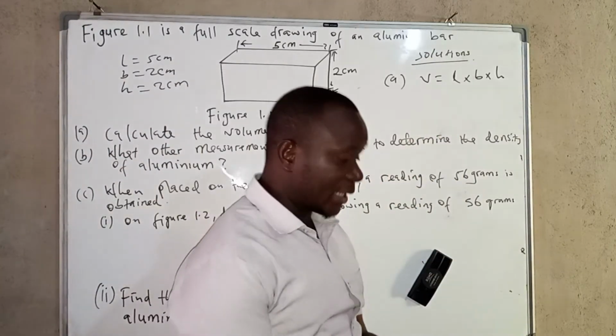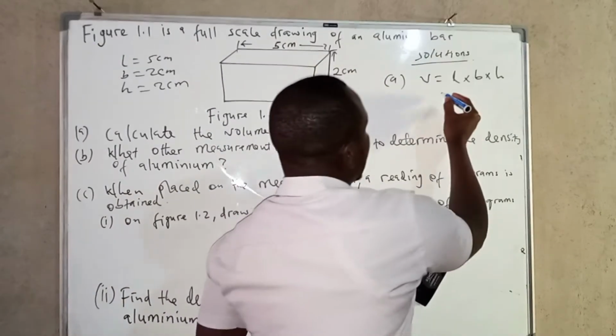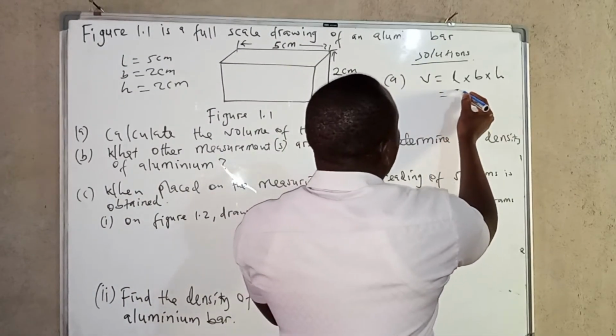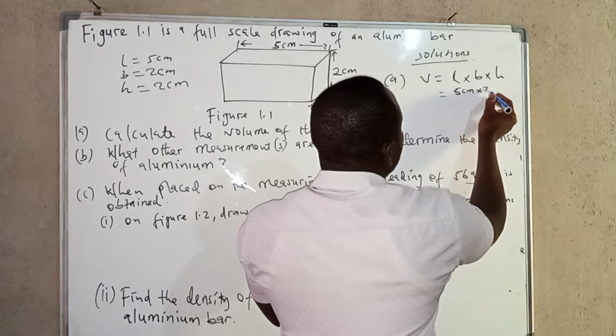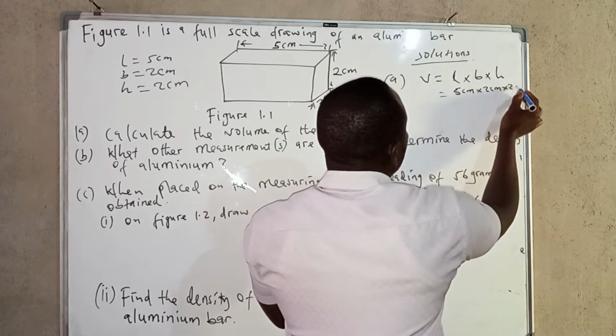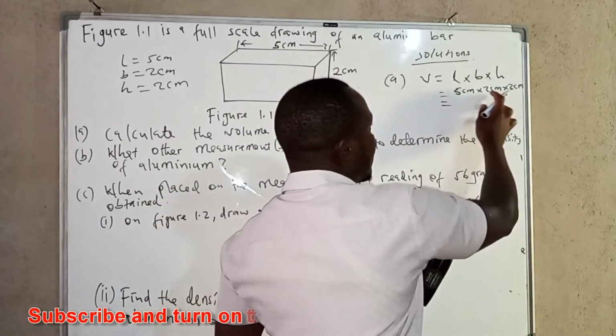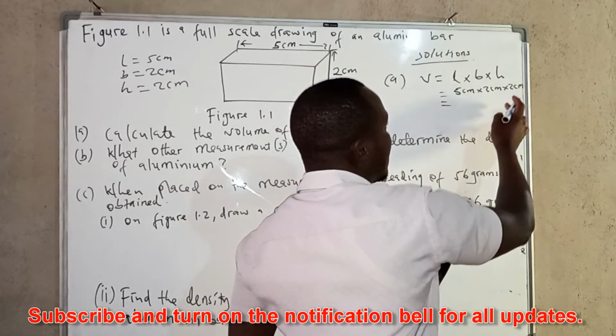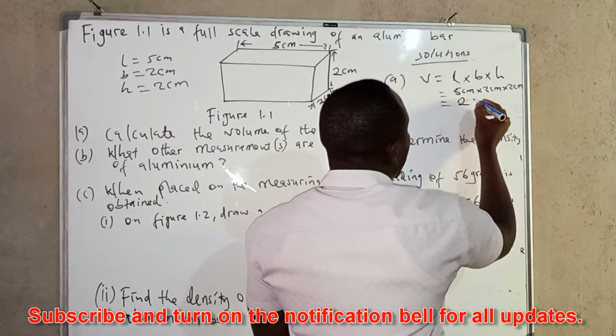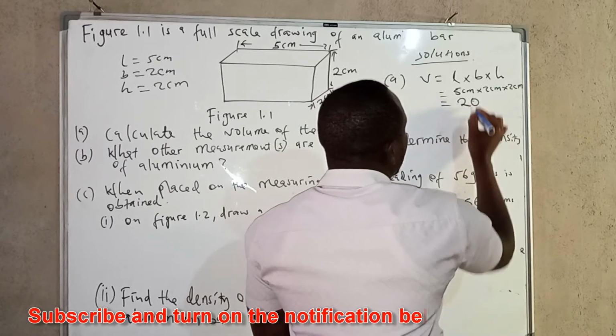So when we plug in these values, we're going to have 5 centimeters times 2 centimeters times 2 centimeters. So 5 times 2 is 10, times 2 is 20.